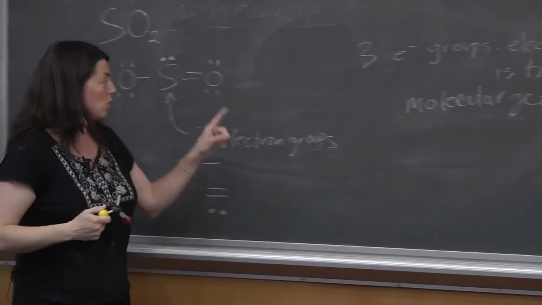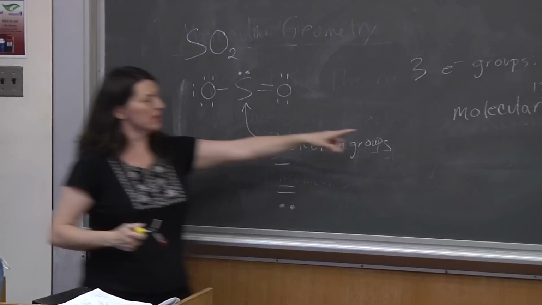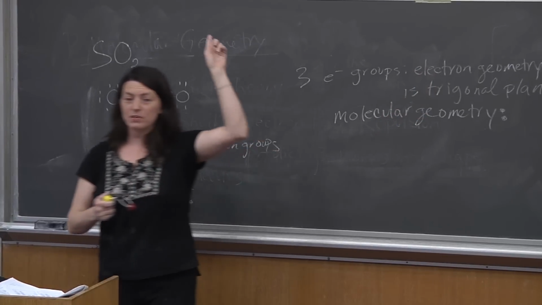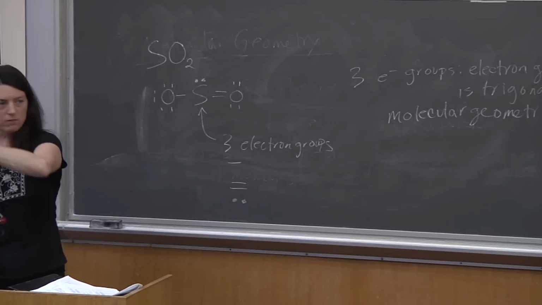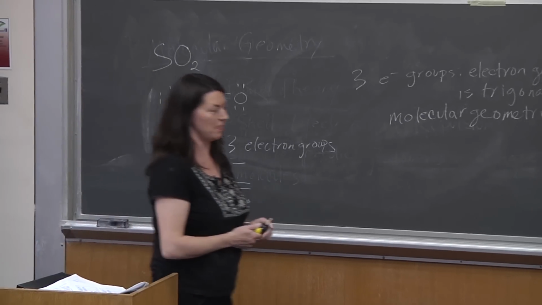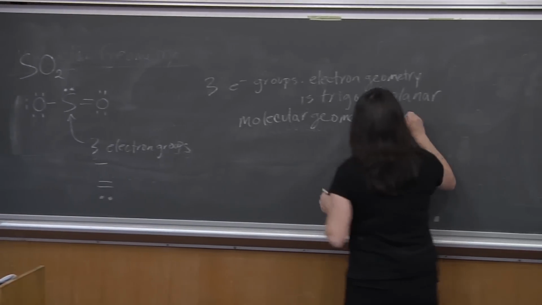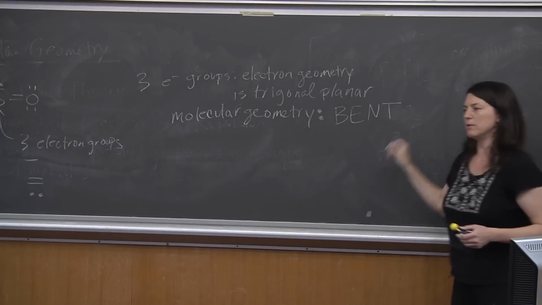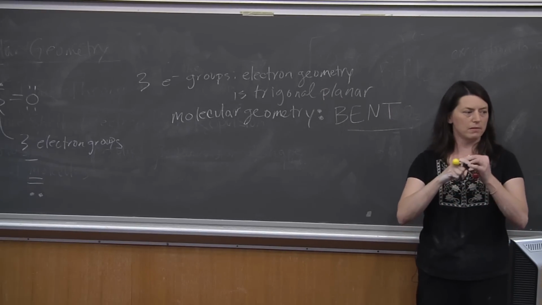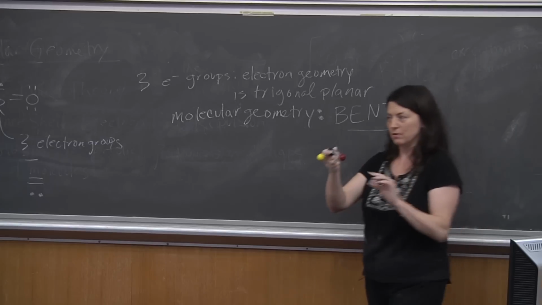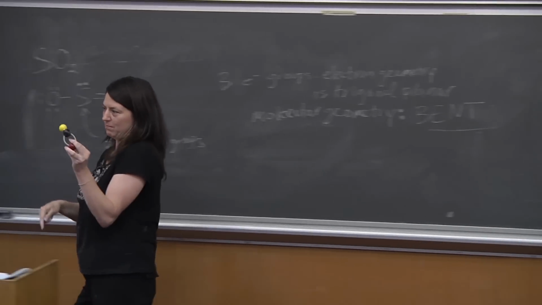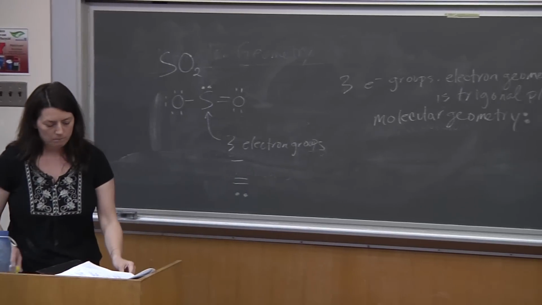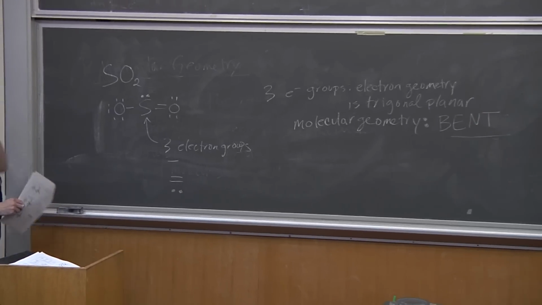So, when you have lone pairs, the molecular geometry actually has a different name from the electron geometry. The other examples we did, there were no lone pairs, so the electron geometry and the molecular geometry are the same thing. So, the molecular geometry in this case, after the fancy trigonal planar terminology, is just called bent, right? SO2 is a bent molecule.